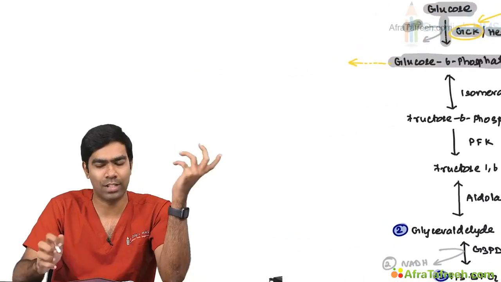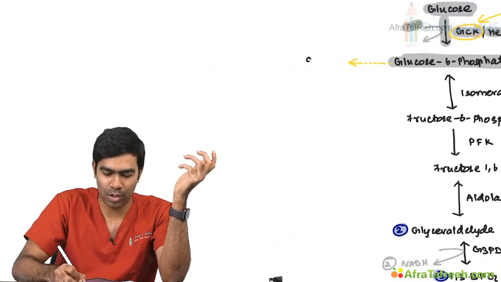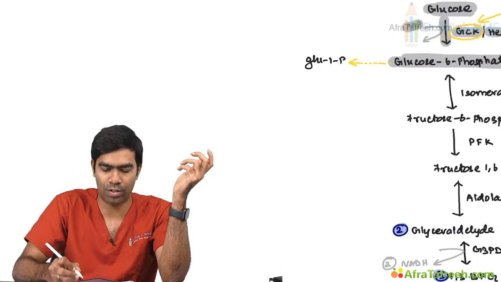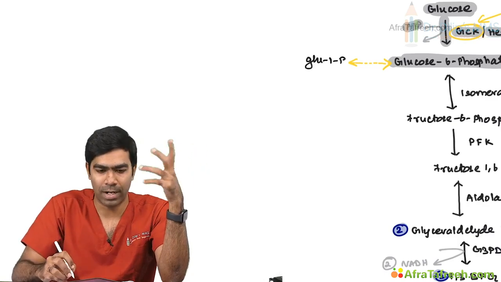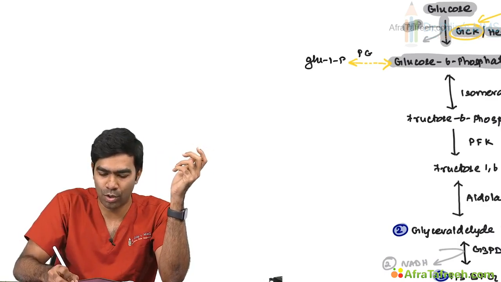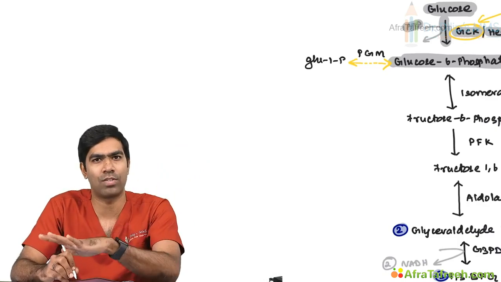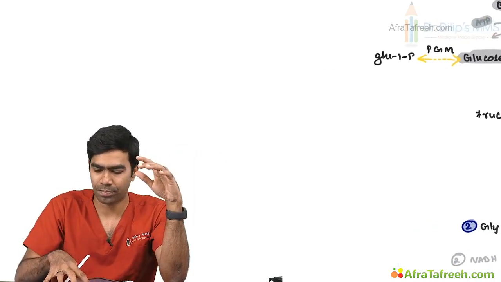So how are they going to produce glycogen? First glucose 6-phosphate will be converted to glucose 1-phosphate in a definitely reversible step, no doubt about that, by an enzyme called phosphoglucomutase. I'm writing it in short form, PGM.